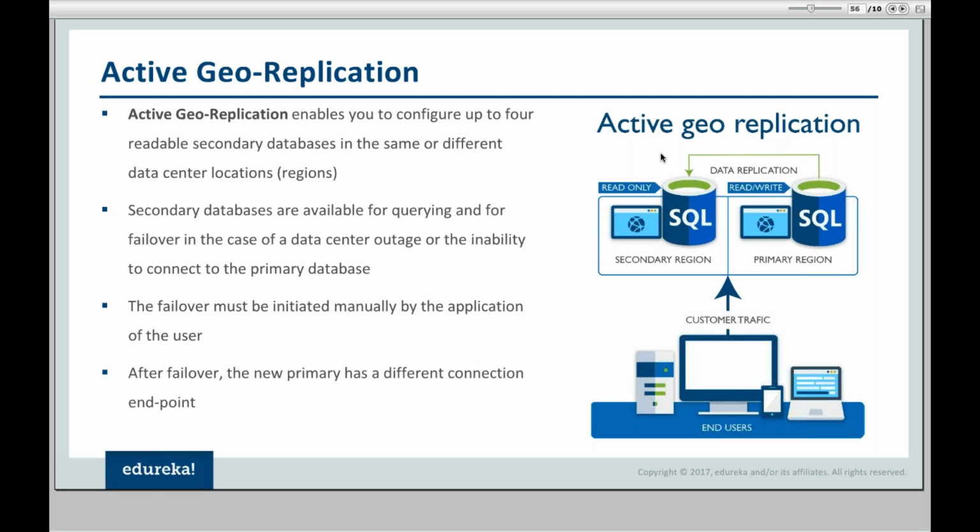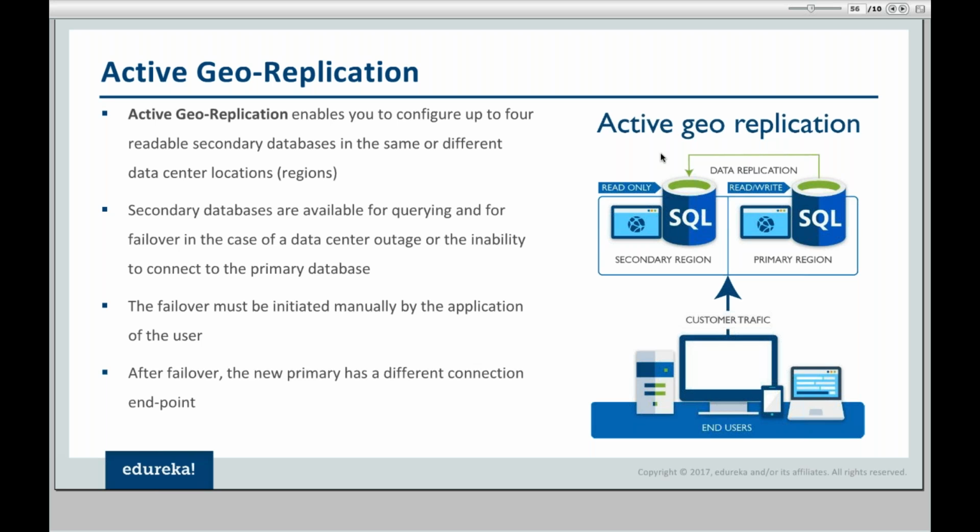Now I will tell you in simple means. Consider you have a primary data center region and you have a database which has been deployed there. Let's consider some disaster recovery happens at the primary data center region. What you can do is that you can configure geo-replication, and whenever some fault tolerance or when something happens on the primary data center region, the request will be routed towards the secondary data center region, and once it finds the primary center is back, then your connection will be rolled back.